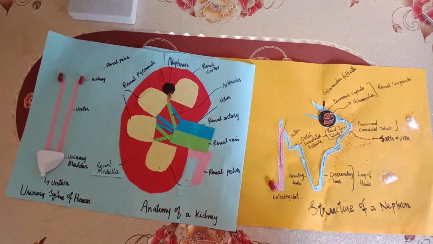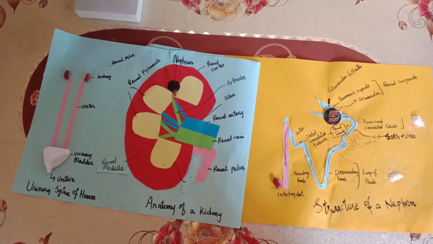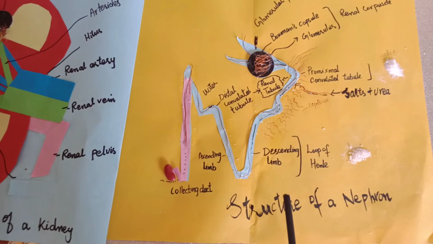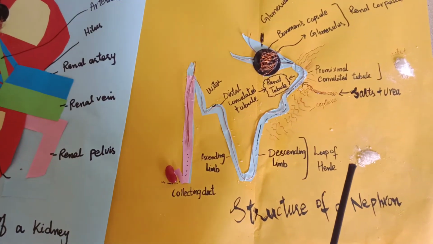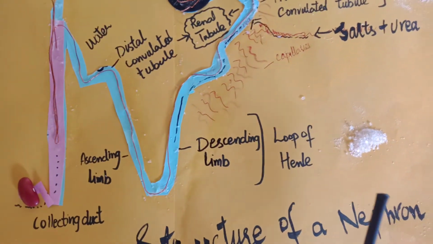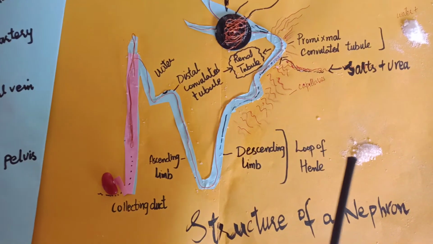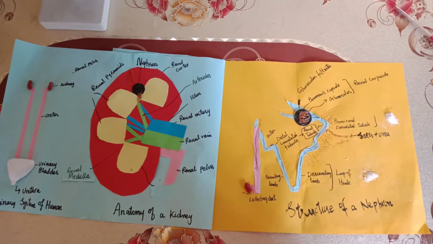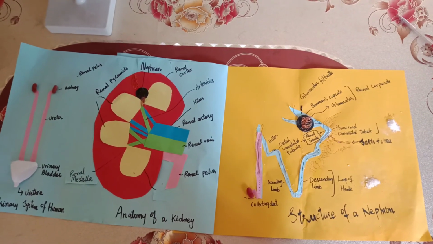Here, salts are reabsorbed by active transport and water flows by osmosis. This descending loop allows the absorption of salts. As you can watch on your screen, these are granular crystals.